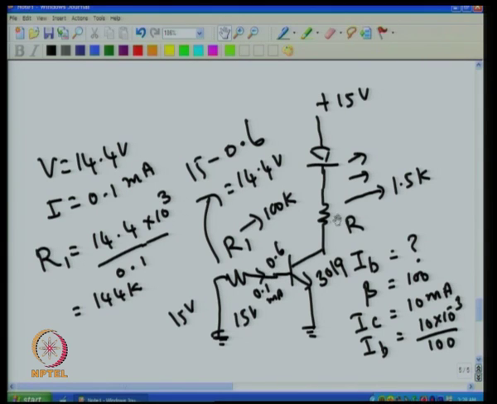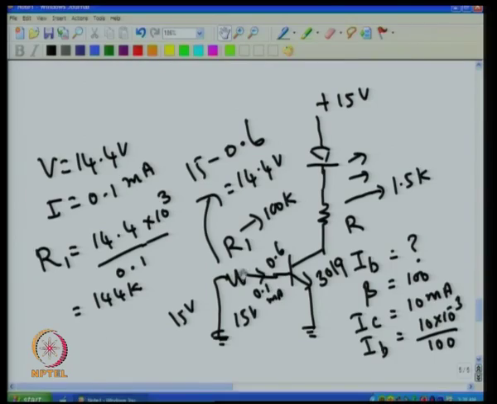So, no harm, it works as a switch. This is another important concept we learn in analog circuit design, that we always design a circuit for the worst case, taking the parameters which are worst for that particular case. So, even if I use a different transistor, it is not going to affect.